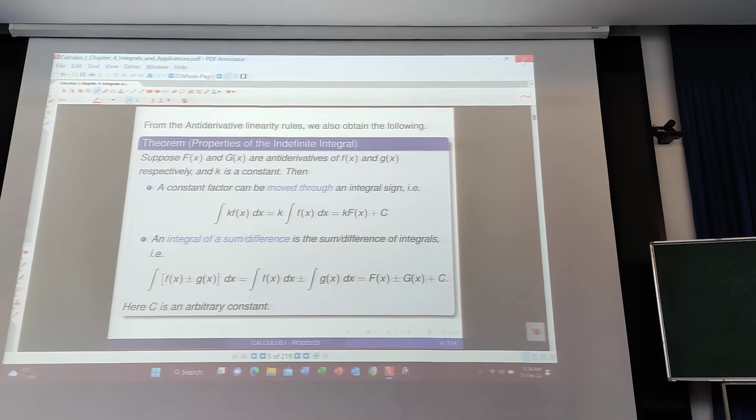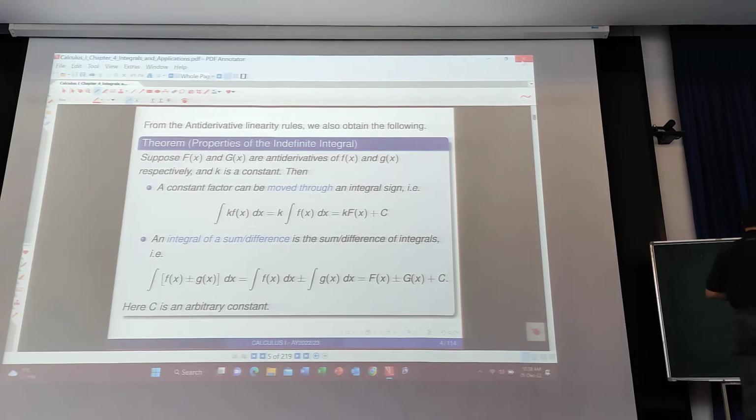Here, you can see properties of the indefinite integral. If you have the integral of a function f multiplied by some constant, you can take out this constant, right?